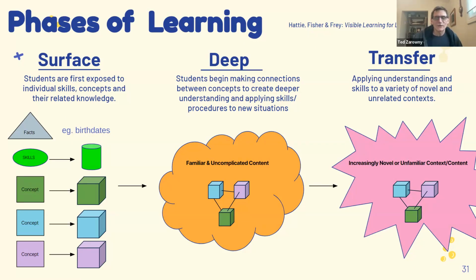When we talk about phases of learning, we're talking about the order in which we often move our planning and our learning activities to help kids learn deeply the concepts and skills that they're expected to learn from that grade. The surface level is where we often spend most of our time.